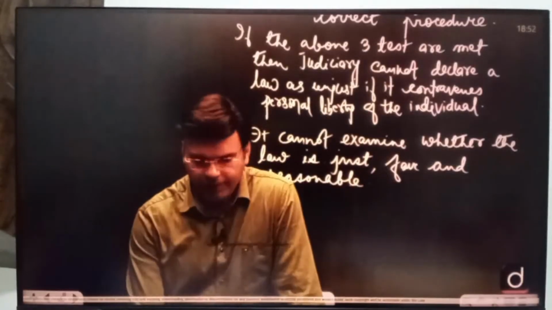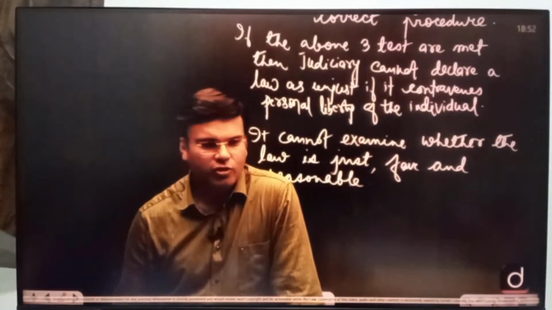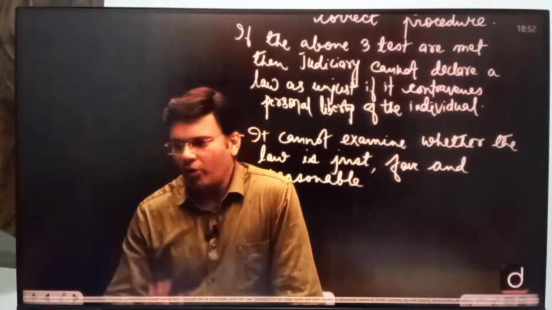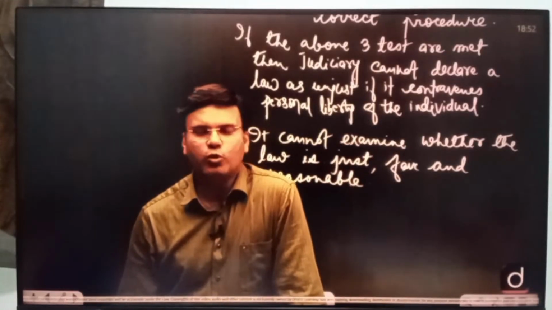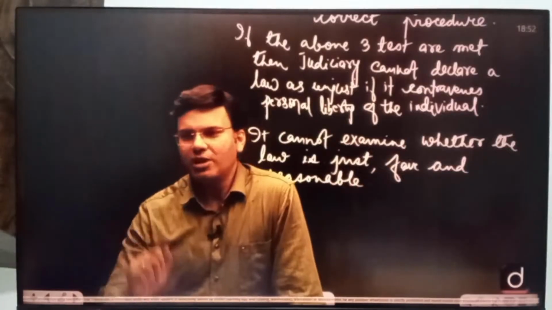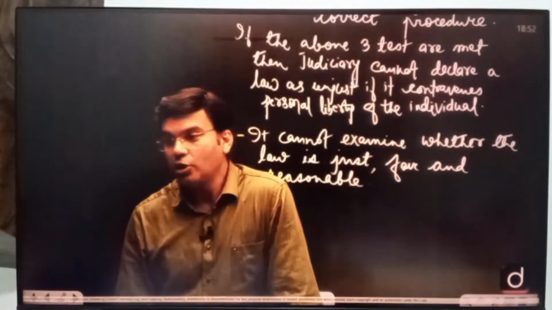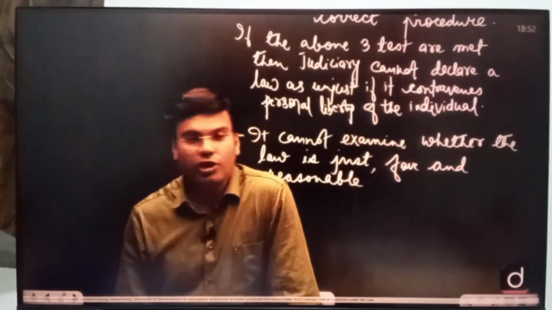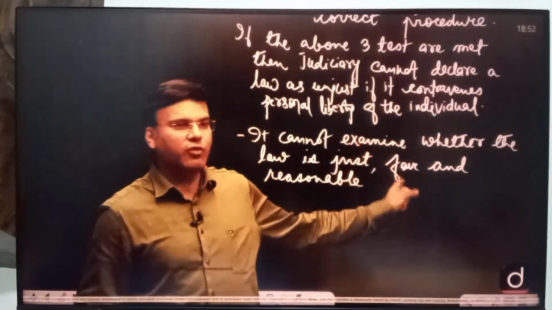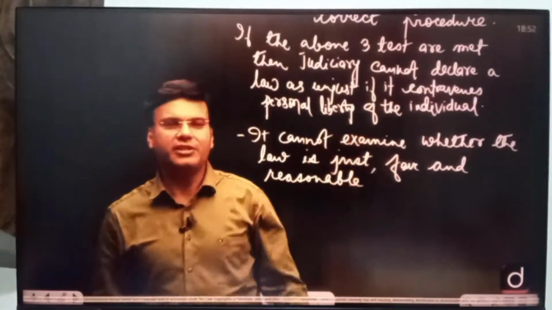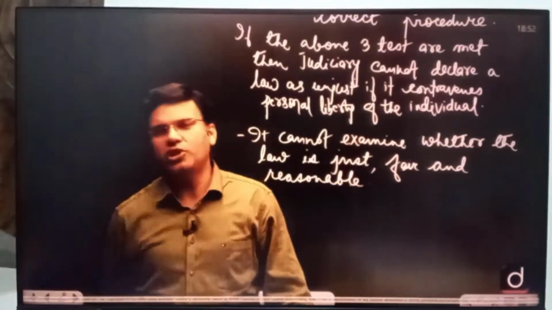Okay. So suppose we know that the law is arbitrary, it is not like a proper law, because the law looks very, very arbitrary, because it gives so much authority to the state to actually quell somebody's liberty, restrict somebody's liberty, restrict people's right to life. But still, the judiciary cannot intervene. The judiciary cannot do anything because the judiciary has limited authority. It can check the validity of a law based on these 3 prominent tests. So the judiciary cannot go towards any fourth test beyond these 3 tests.